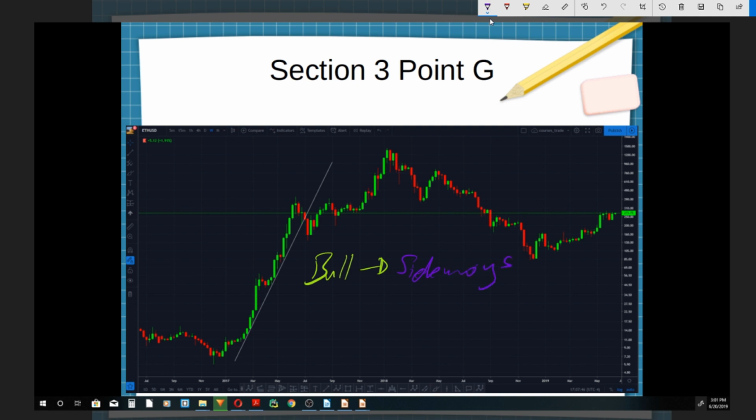So you have a change of the trend here. Remember, as soon as the trend line got violated, the trend is done. We change the trend. It can be from a bull to a sideways market. It can be a bull to a bear.